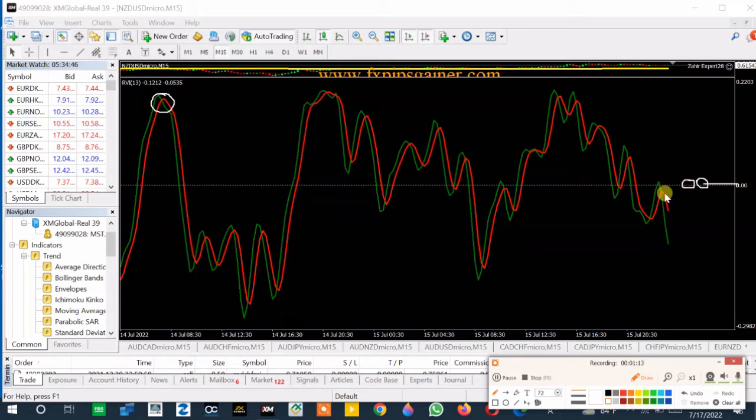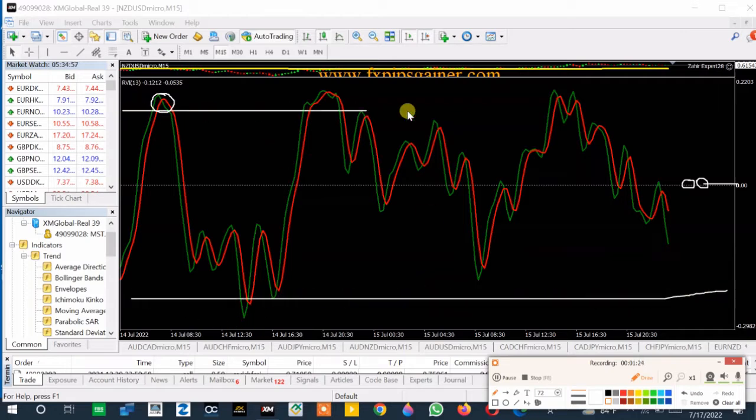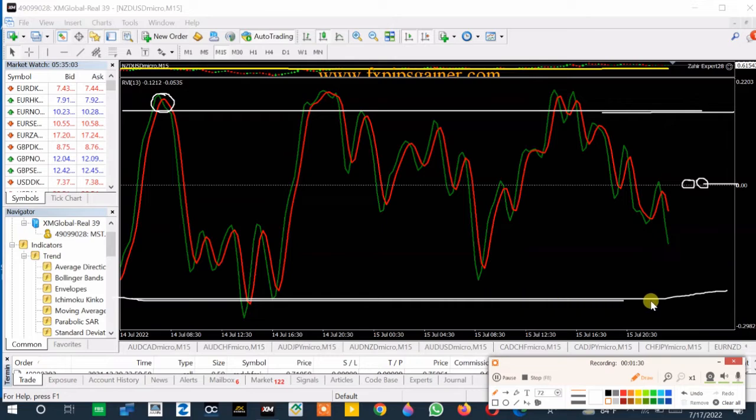When this indicator is below the zero line, that means it is overbought area. It is extreme overbought area, and extreme oversold area.